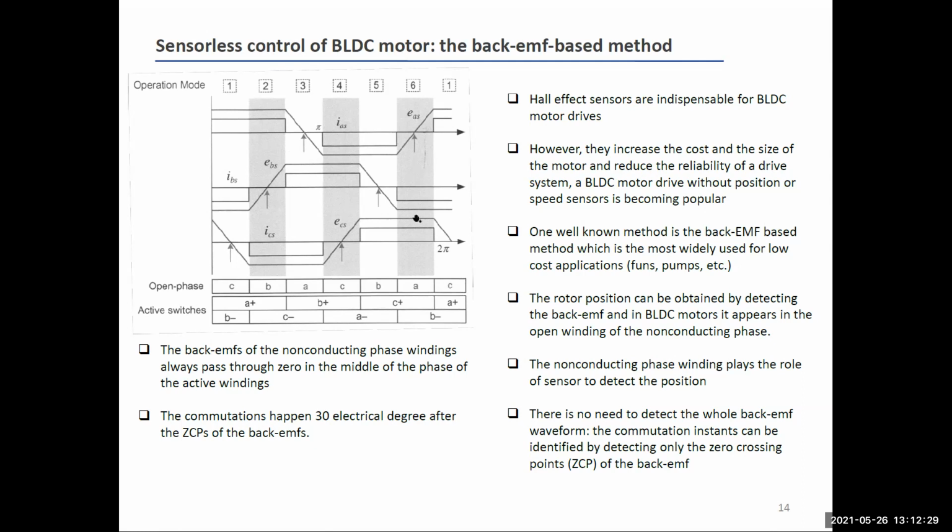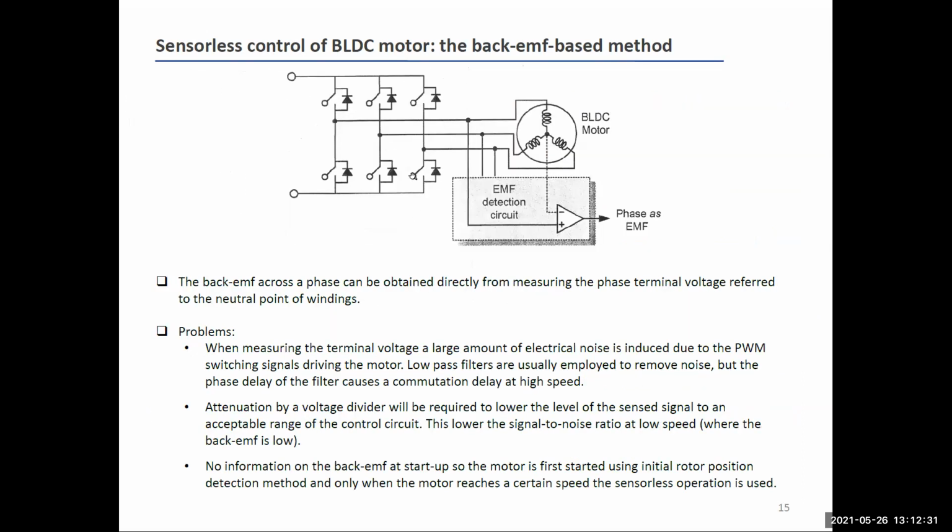Okay, so let me discuss this circuit here, which is a schematic circuit showing you just the operating principle. I have the inverter, I have the BLDC motor, and then I have a circuit that is called the back EMF detection circuit, which is devoted to evaluating the crossing point of the back EMF of the phase which is left open.